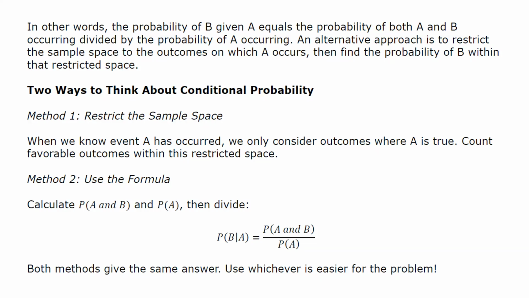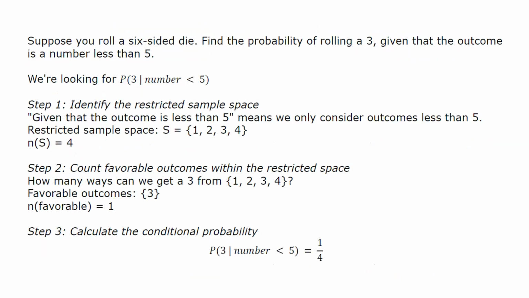The second method is to use the formula. So we'll calculate the probability of A and B and the probability of A and then divide. Both methods give the same answer. So we just need to know when to use each formula, whichever one is easiest for the problem.